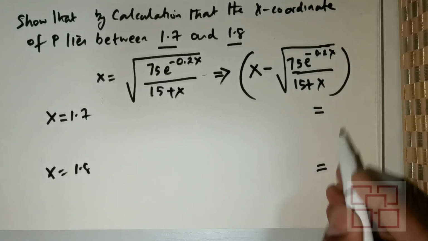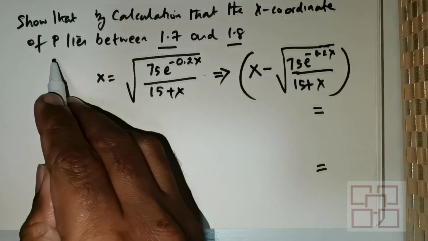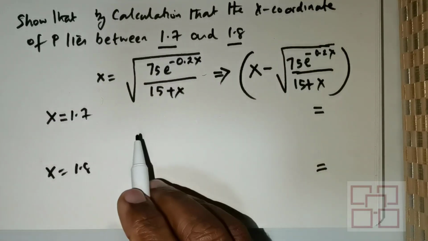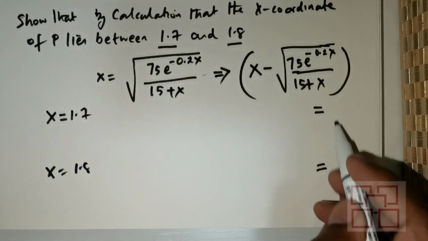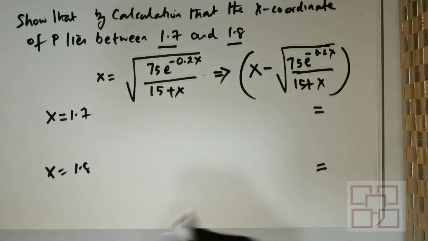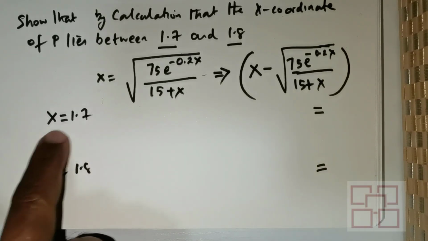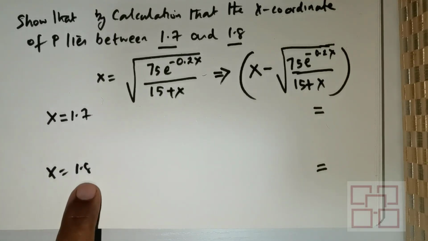Now, the signs of these two values will tell us if the x-coordinate of P lies between 1.7 and 1.8. What is the meaning of that? Whatever sign we get, it should not be the same sign. In other words, if for x equal to 1.7 we get a positive sign, we should get a negative sign for x equal to 1.8.